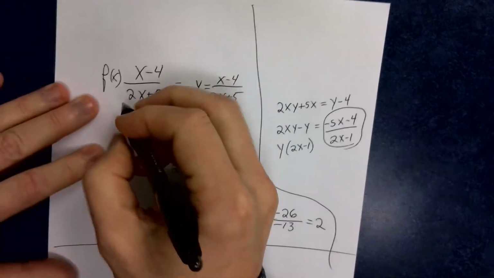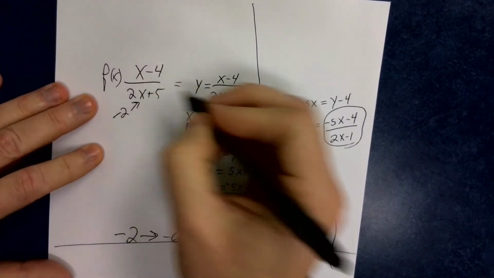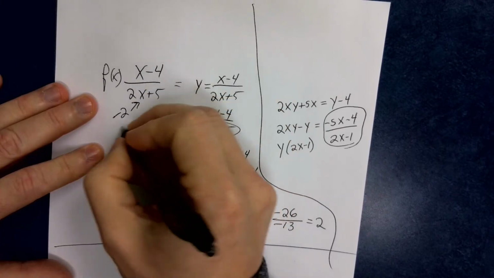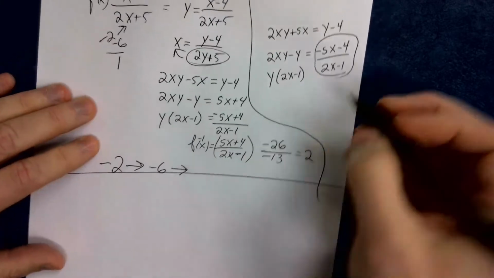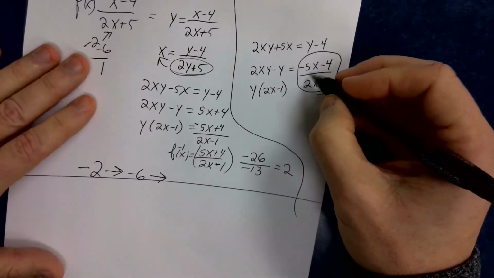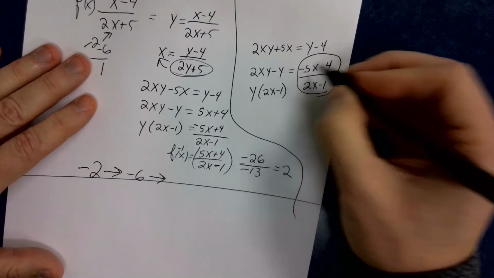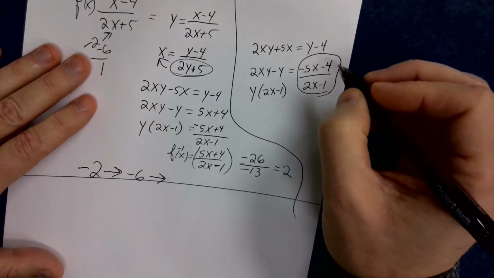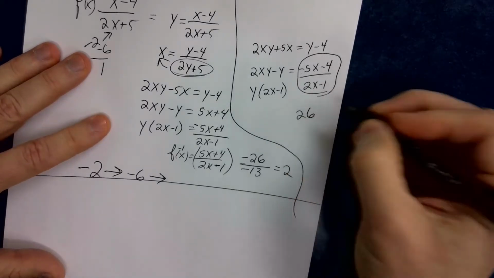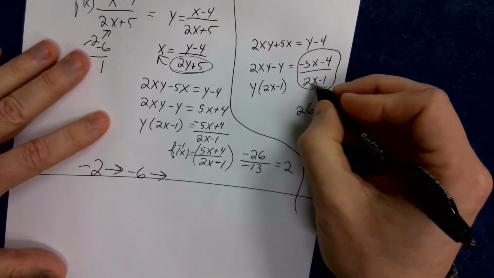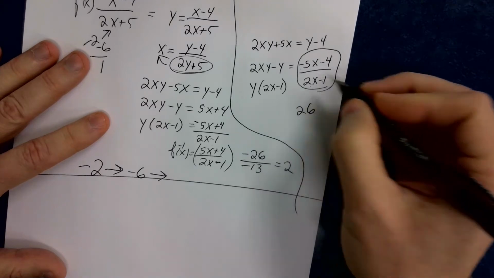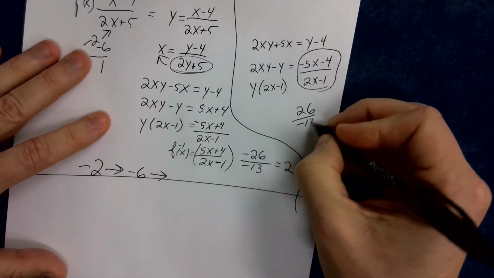So negative 2 into this is 1. On the top, negative 6 is negative 6. Plug negative 6 into here. Negative 5 times negative 6 is positive 30. Minus 4 is 26. 2 times negative 6 is negative 12, minus 1 is negative 13.